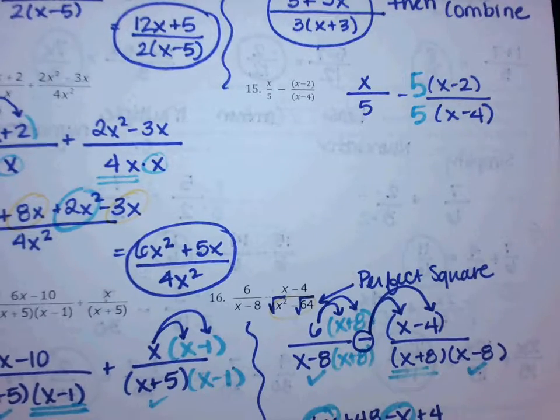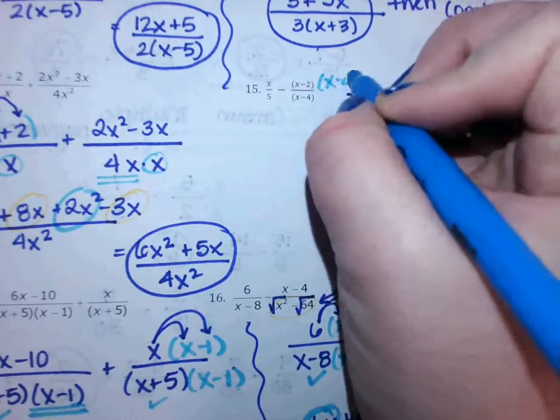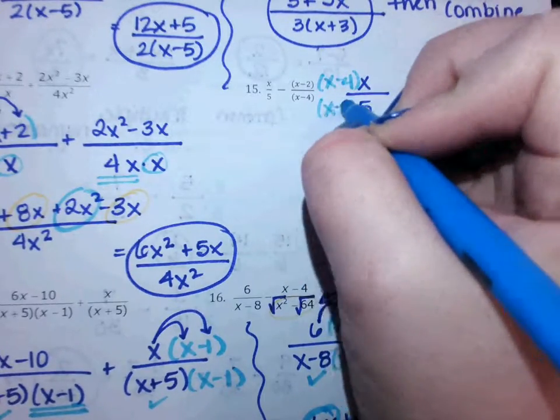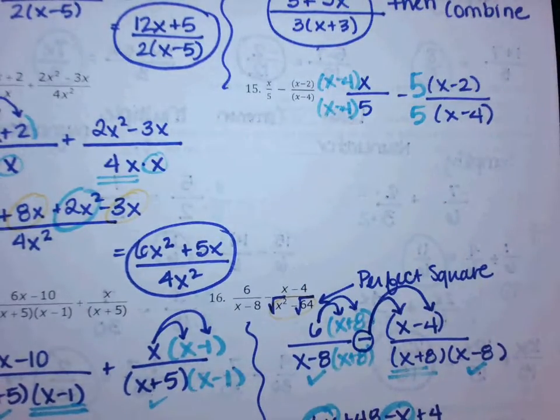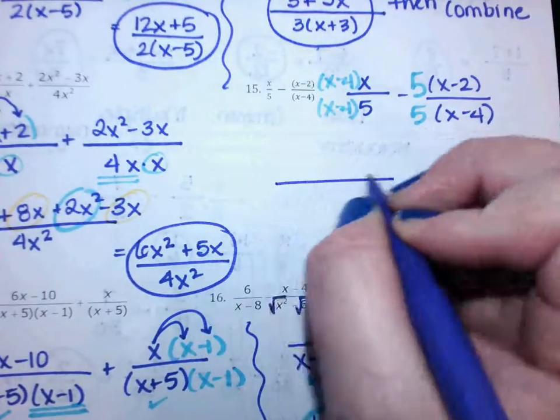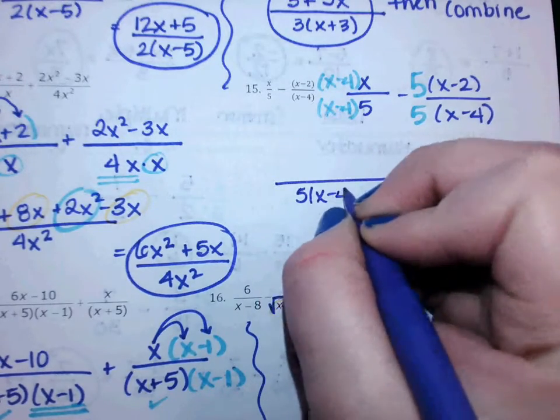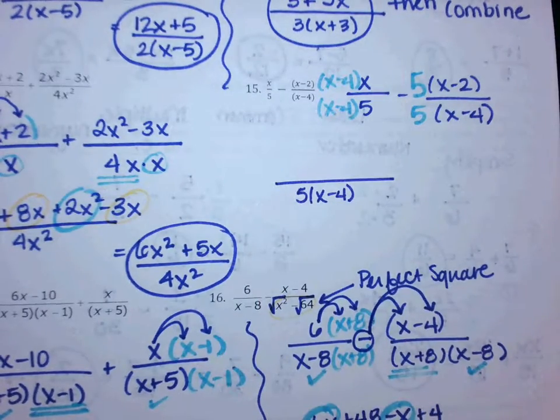So then if that one has an x minus 4, I need to put an x minus 4 here and here. And so now I had to fix both fractions, but the bottoms match. So they both have an x minus 4, they both have a 5, so I can make it a 5x minus 4 on the bottom, now that they both match.